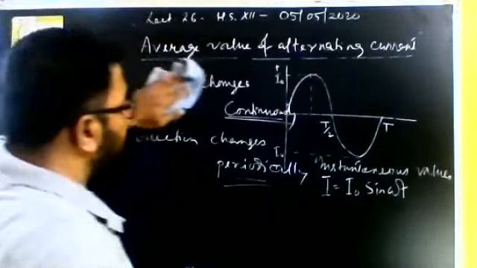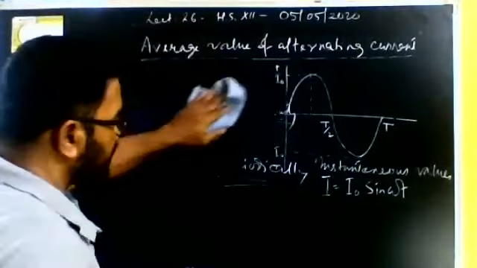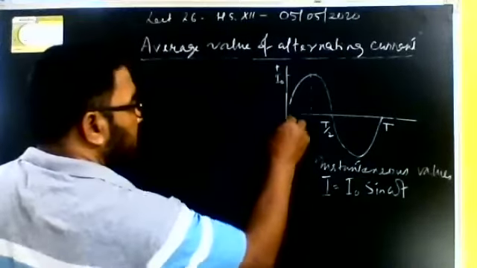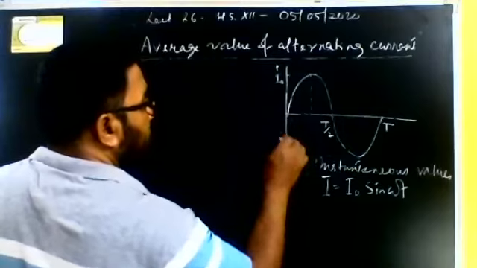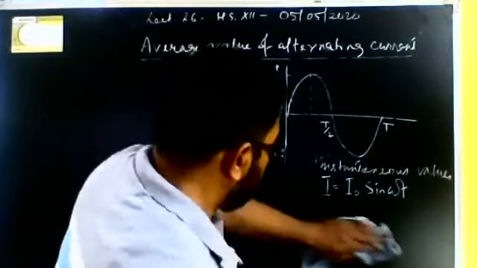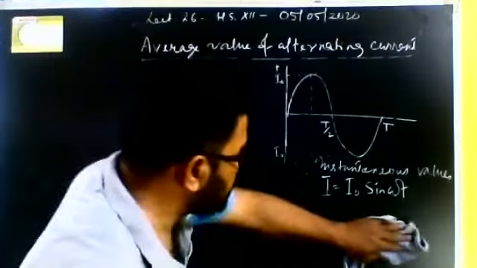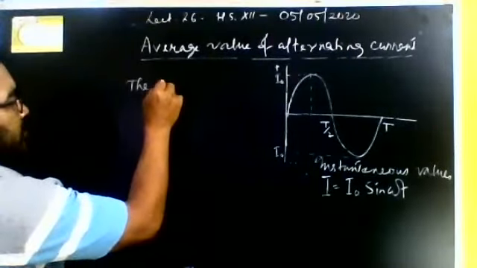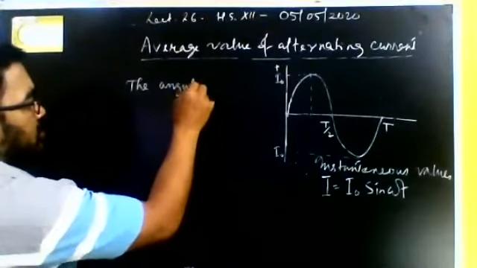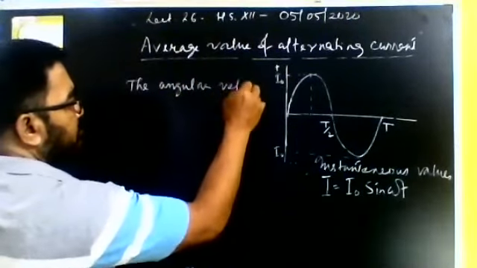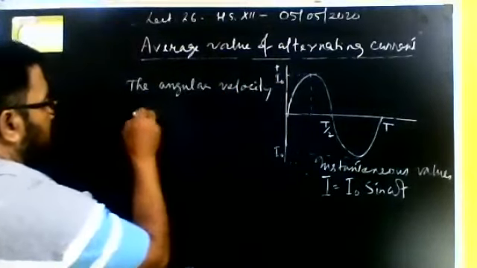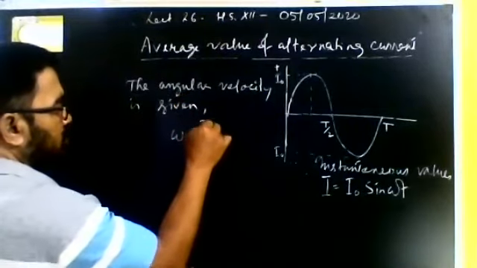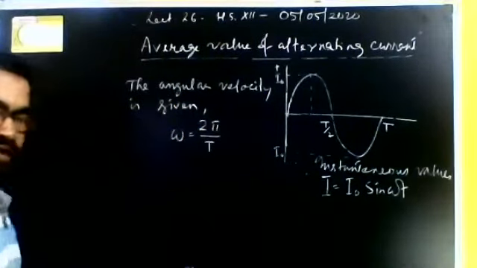So now let us find the average value. How can we find it? Before finding the average value, we should know that the angular velocity is given by omega is equal to 2 pi by T. This is one relation you should know.